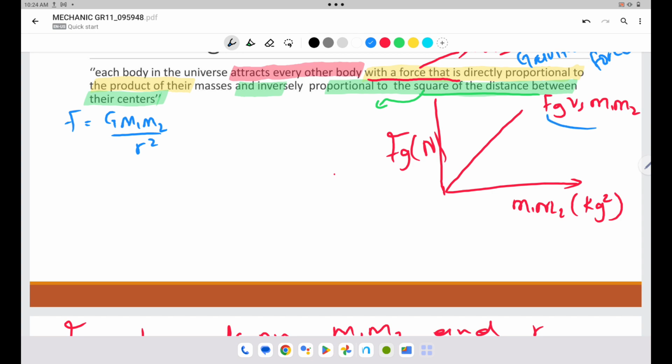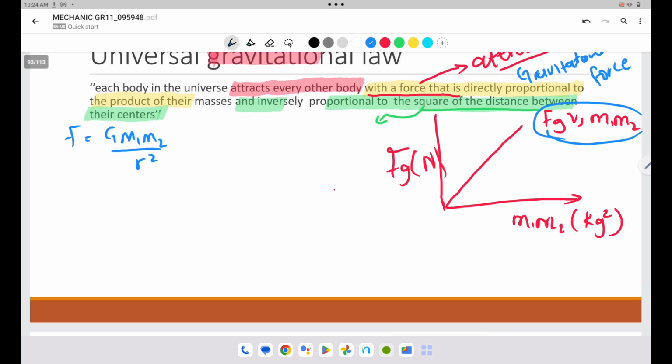With the first one, I wanted a graph of F versus the product of the masses. Remember this is Y versus X, so I replace force on the Y-axis with Y. On the X-axis, I have plotted M1 multiplied by M2, so that whole product I replace with X. And then I am left with G over R squared.